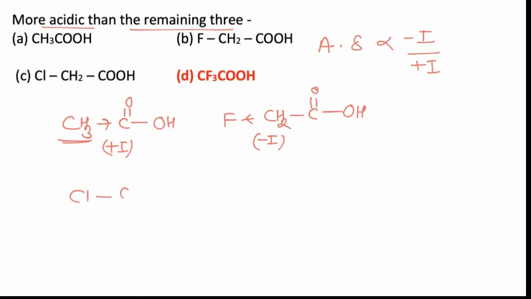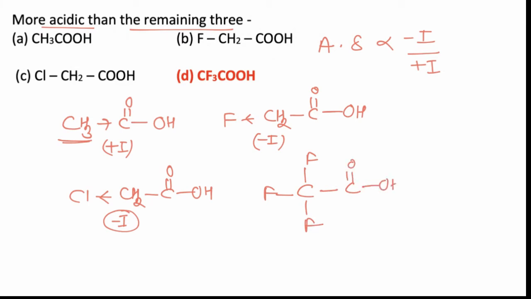In case C, one Cl is present. Now this Cl again has a minus I effect but comparatively less. In case 4, trifluoroacetic acid, these 3 fluorine atoms will have a very strong minus I, so the fourth is most acidic among the other 3.